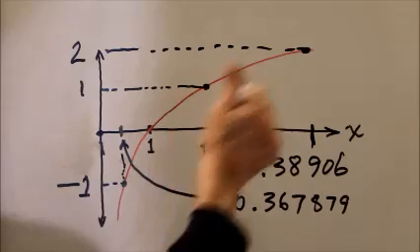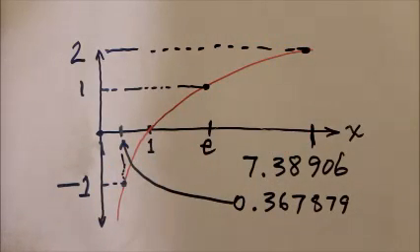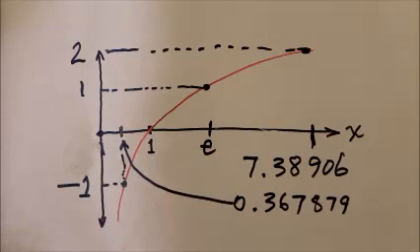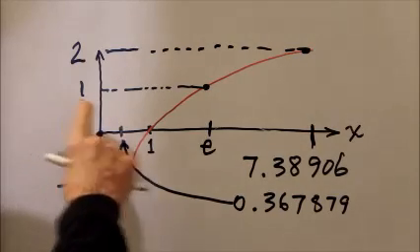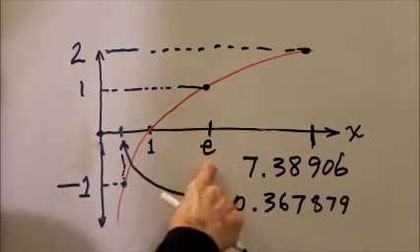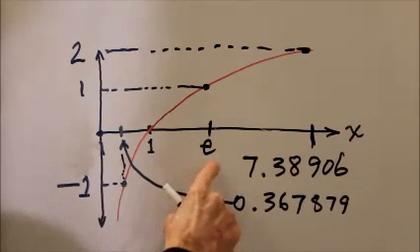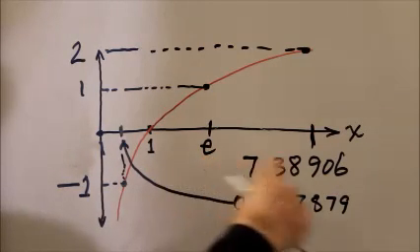Now you can see that the curve that we get when we graph the natural logarithm function, or the base e logarithm function, has the same general contour, the same general shape as the base 10 logarithm does, except instead of e, if we use the base 10 logarithm, this would be 10.